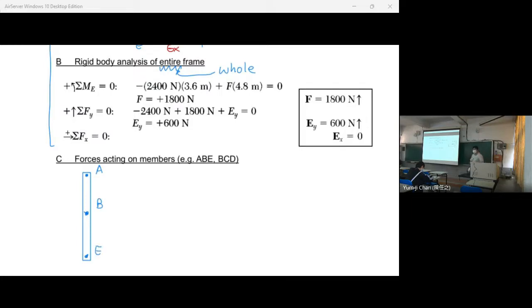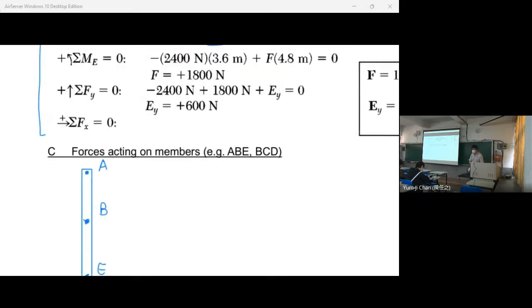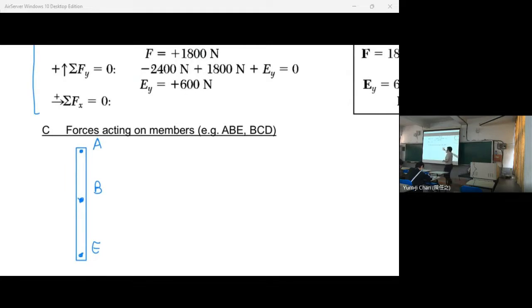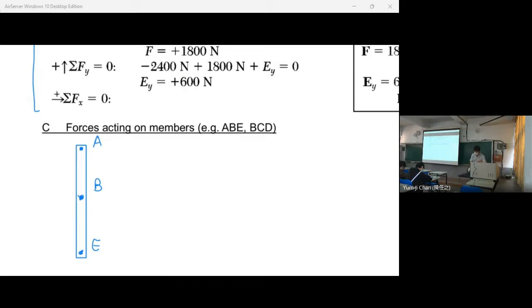So before you draw the forces, is this a rigid body? You need to confirm it is a rigid body. Okay. Check or double check or confirm.